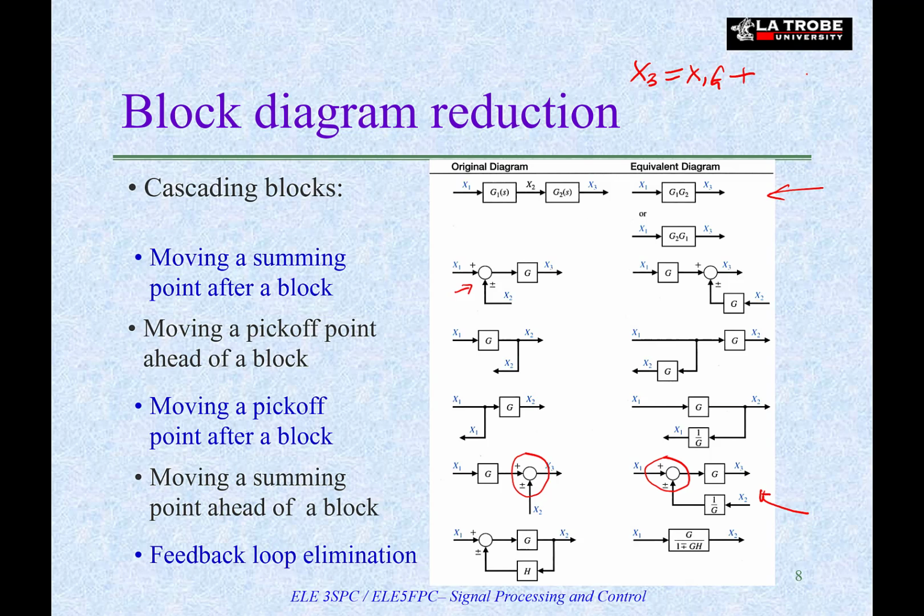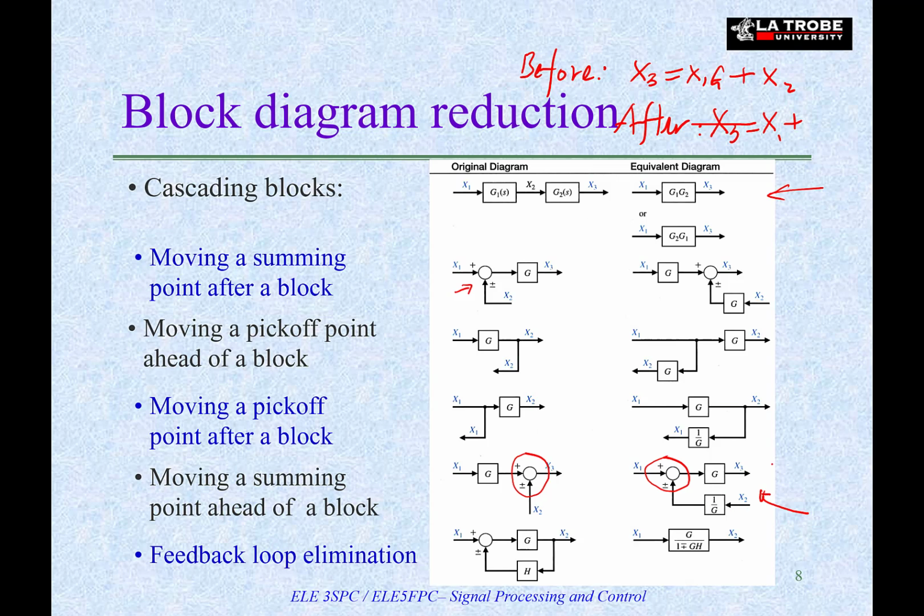Plus X2. This is before. And after block diagram reduction, the relationship becomes X3. Again, we just use the plus sign. It becomes X1 plus, here we need to consider the loading factor.